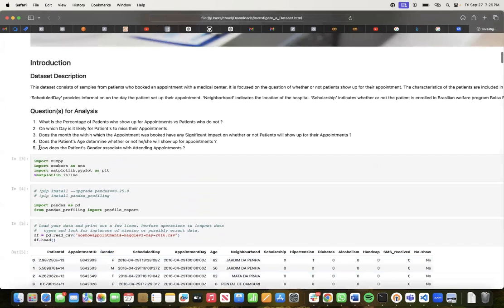I asked the question, how does the patient's gender associate with attending an appointment? Intuitively, I know that gender can affect a person showing or not showing. Pardon me for the example, but imagine putting an appointment on a D-Day for a female, who would choose the appointment herself but does not know that she'll be flowing on a very particular day.